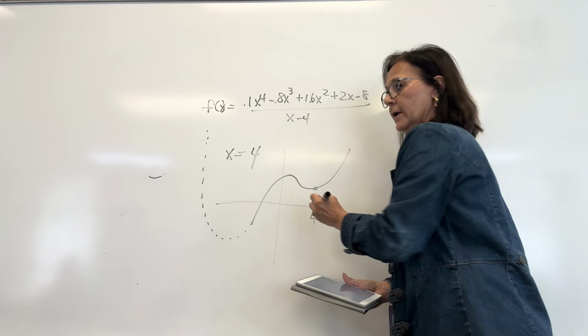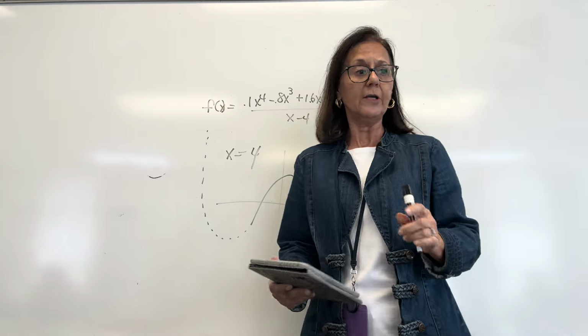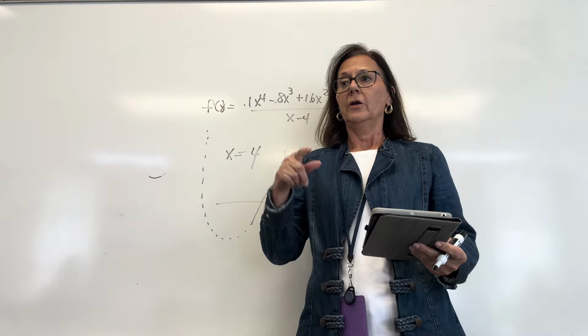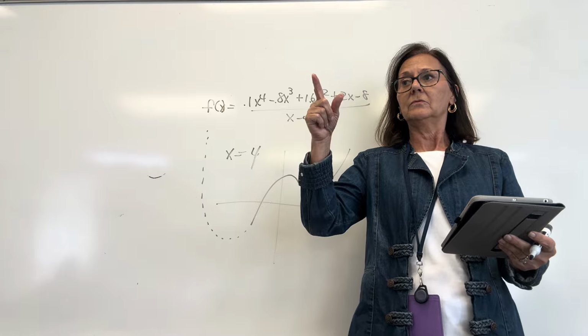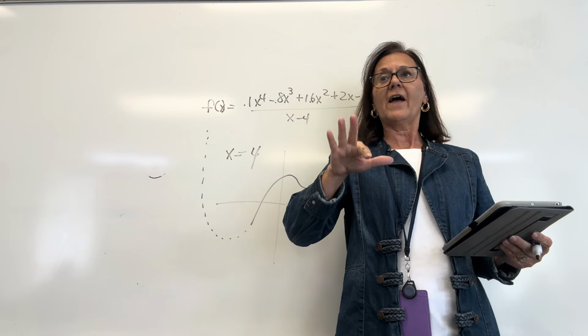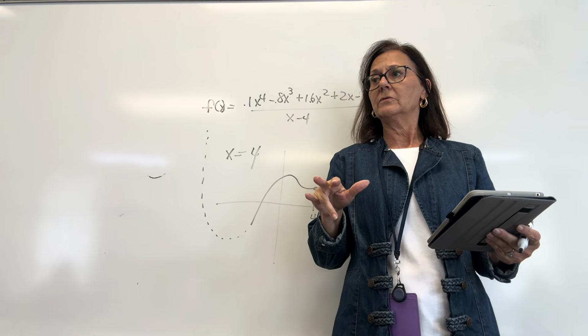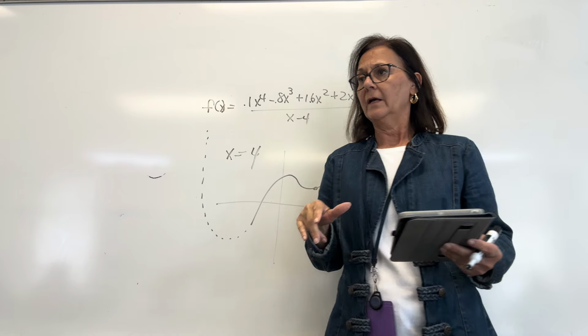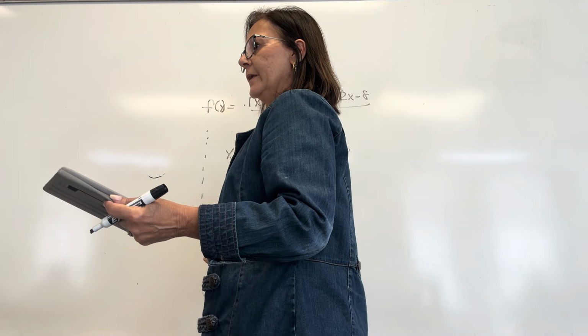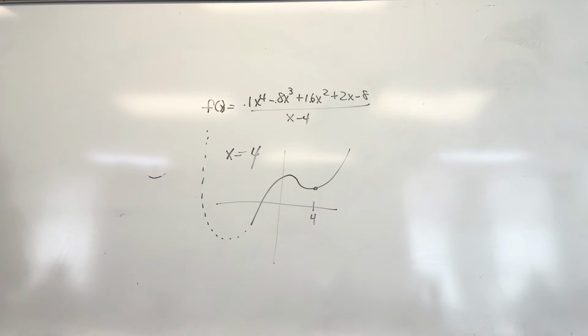hole in the graph. But if on your calculator you hit table, and it gives you x values and the y values. Do you see that? Where's table? Top right, I believe. Yeah. Table. Error for 4.